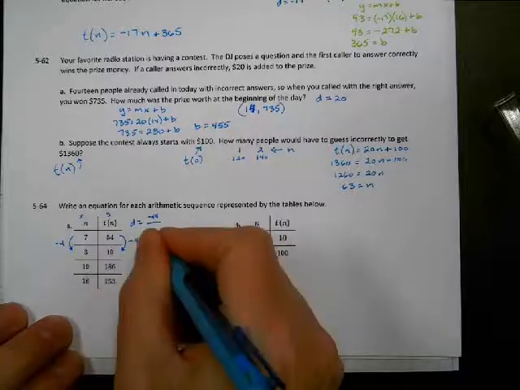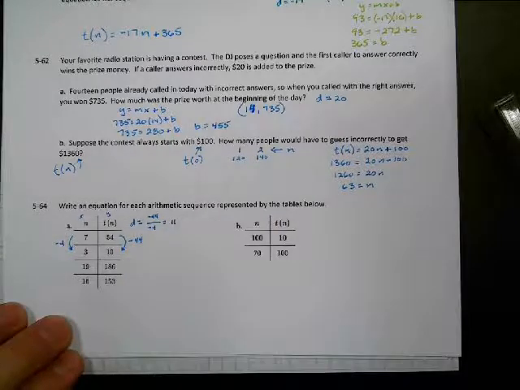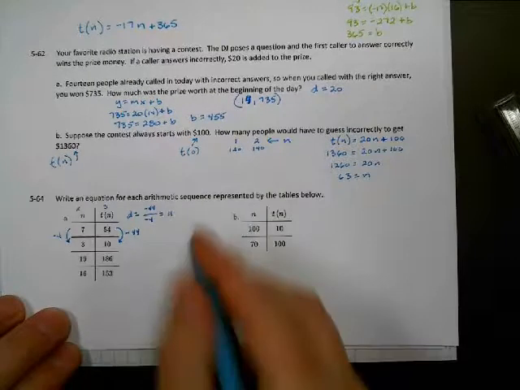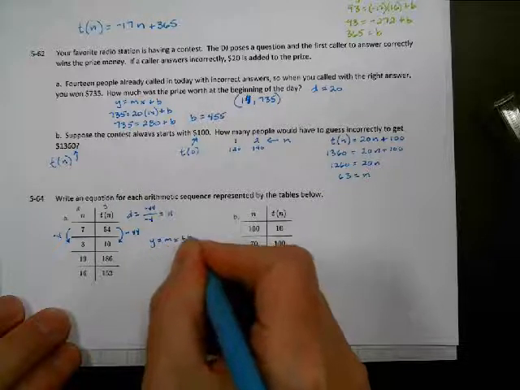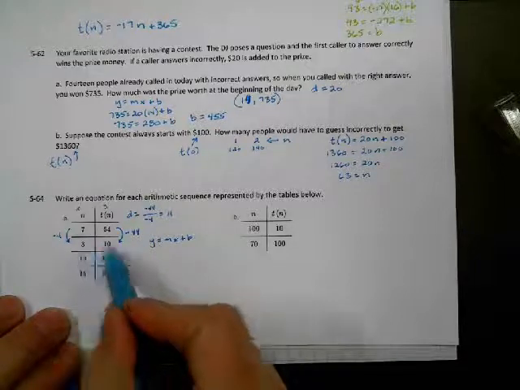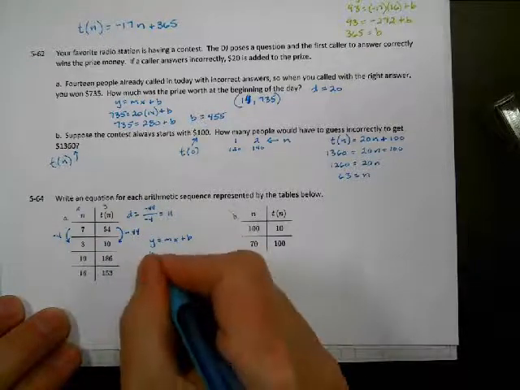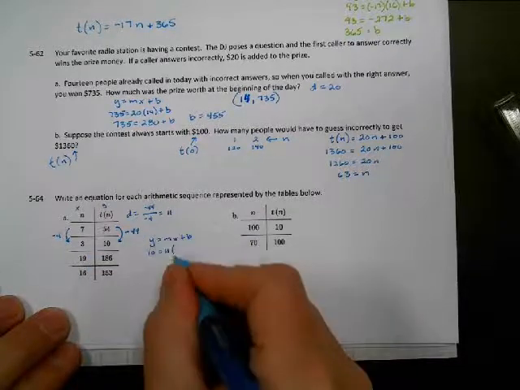And then all we have to do is y equals mx plus b. So we can pick any numbers here. So I'm going to pick the small numbers. So 10 equals common difference of 11 times 3 for the x plus b. So we get 10 equals 33 plus b.